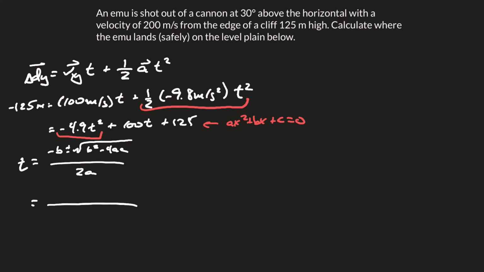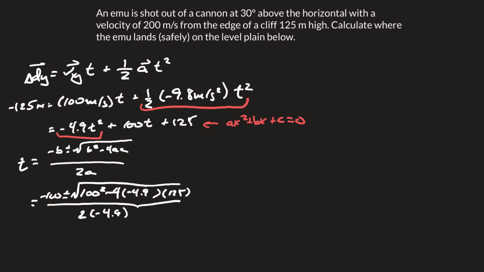So that leaves us with negative 100 plus or minus the square root of 100 squared minus 4 times negative 4.9 times 125, and that's all divided by 2 times negative 4.9.